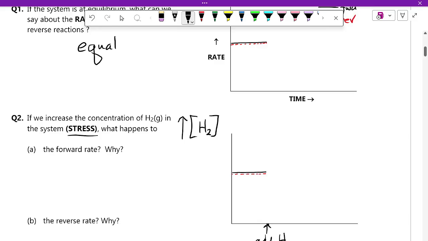What goes on the y-axis here? The rate. And on the x-axis? Time. All right, we added some H2. What happens to the forward rate and why? What happens to the reverse rate and why? Tell your partner.